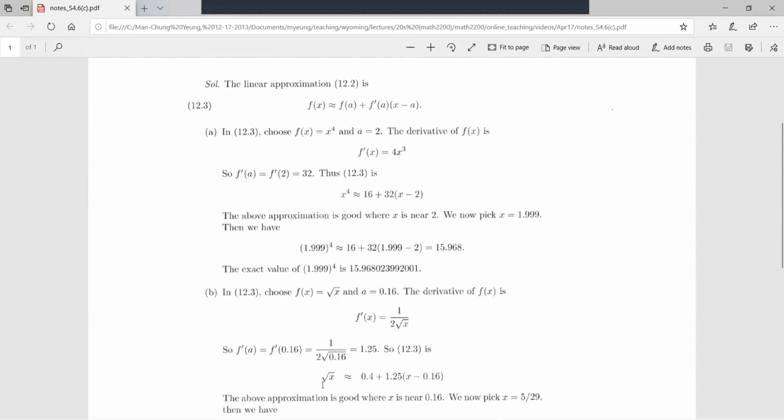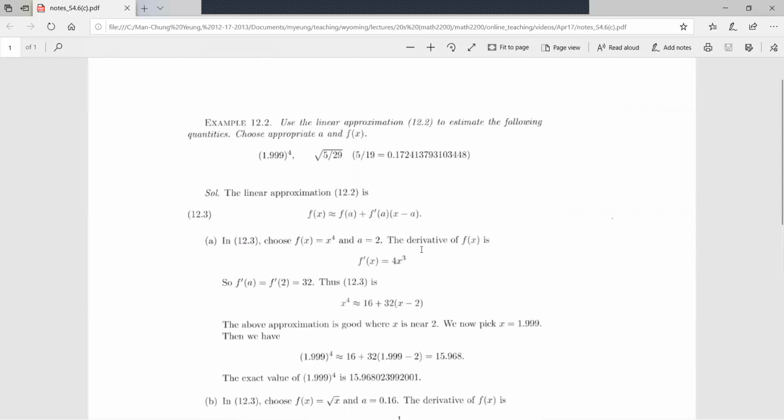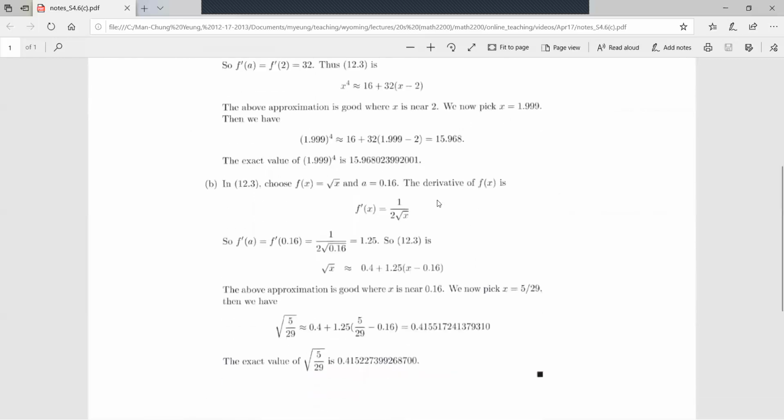Okay, now in this approximation, we set x to be this number, 5 over 29. Now set x to 5 over 29. Then we get this approximation.